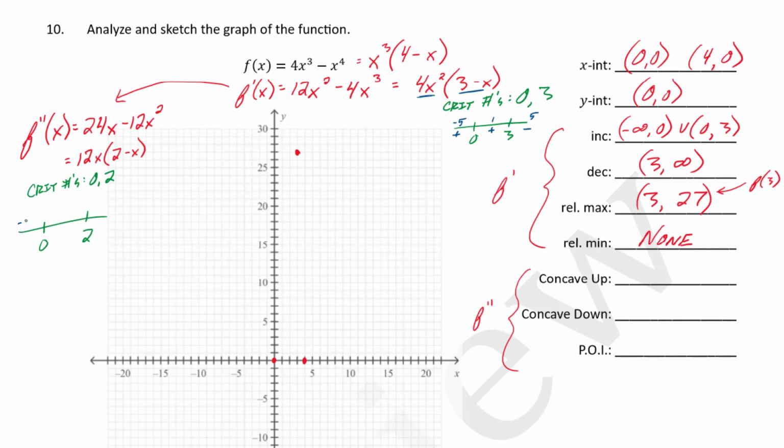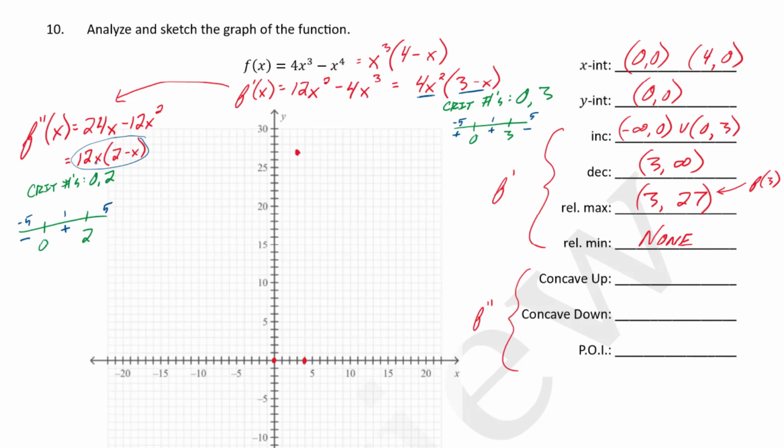Numbers I'll choose would be like -5 for that one, maybe 1 for the middle one, and +5 for the last one. But again, we're plugging into specifically the second derivative, so this part right here. Plugging in -5, I get a negative out front, a positive inside, so that's going to be negative, so it looks like that must be concave down to start. Plug in 1, I get a positive out front and a positive inside, so that's 2 positives which stay positive.